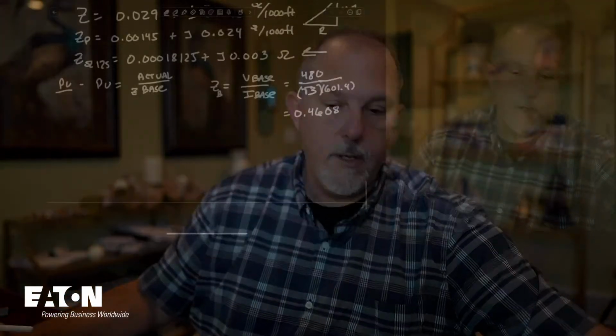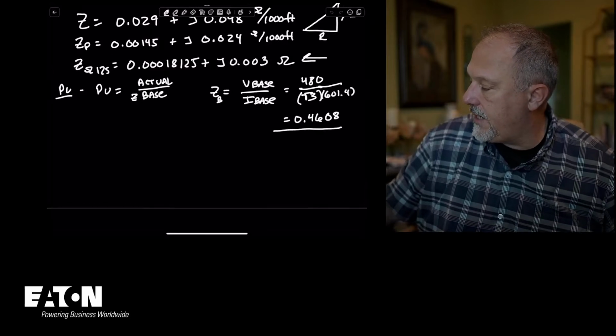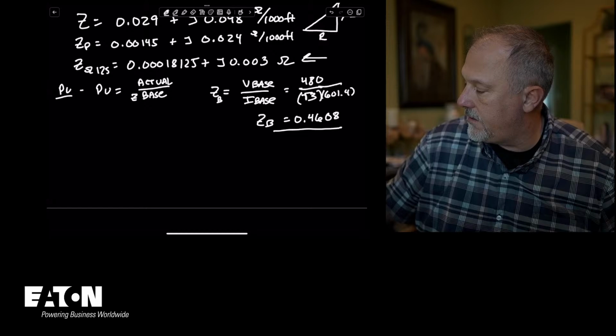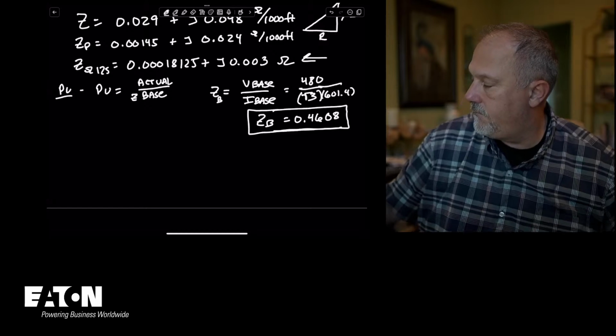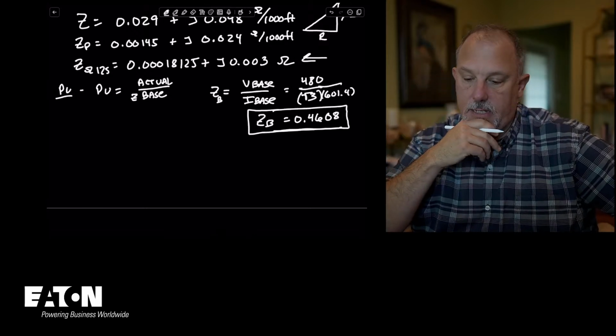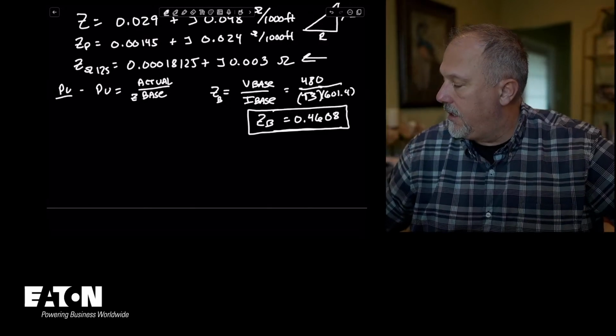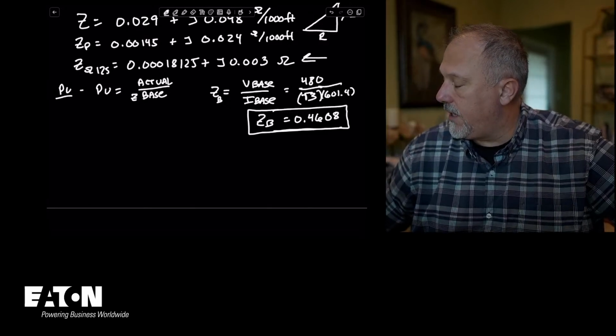Makes sense? All right. So if this is my Z base, let me know if you guys think I did that right. Felix, Dan, Felix. All right. I want to make sure I have that right.